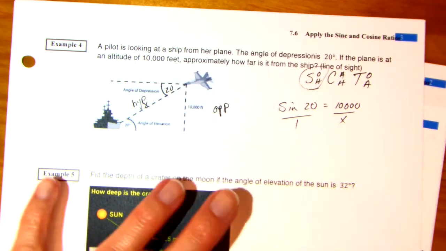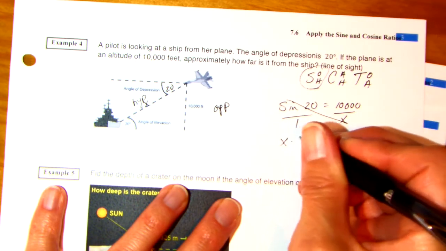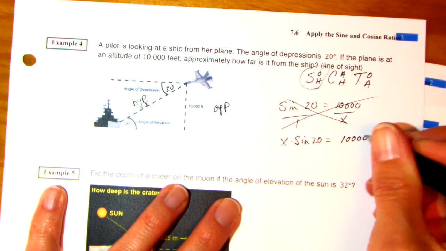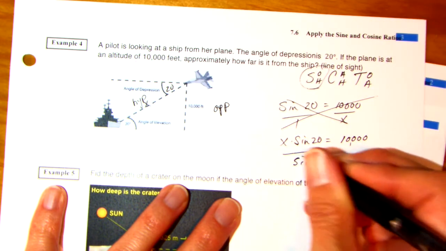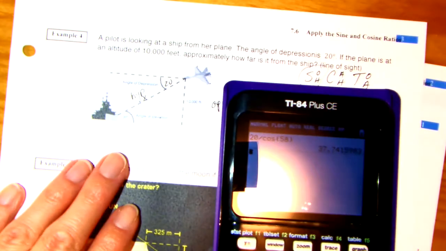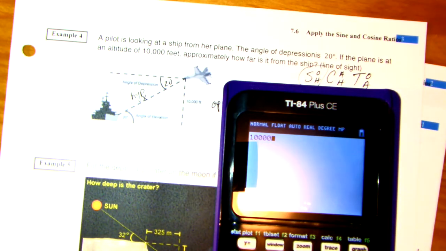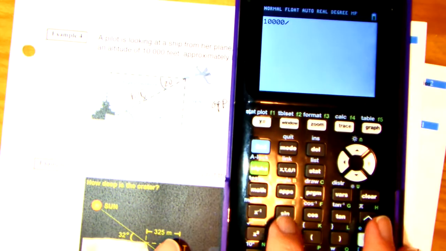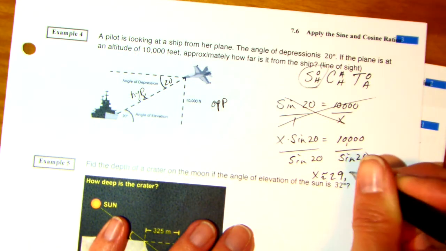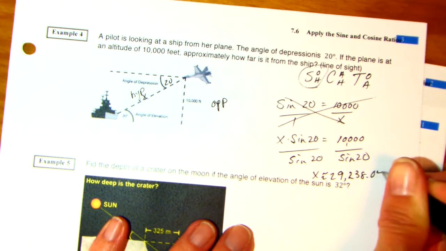Put sine of 20 over 1, cross multiply and solve. X times sine of 20 is equal to 10,000. Divide both sides by sine of 20. 10,000 divided by sine of 20, you get about 29,238.044.